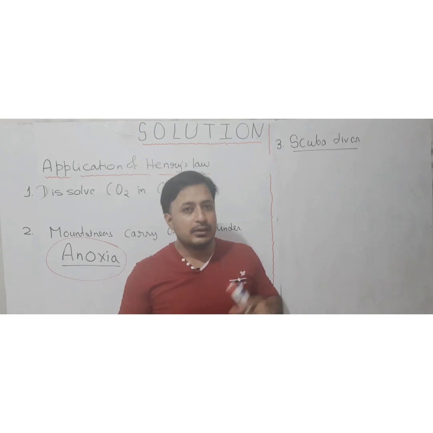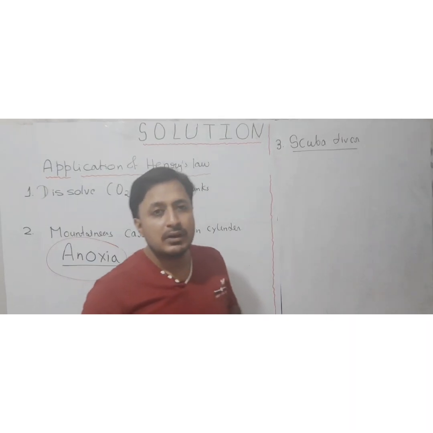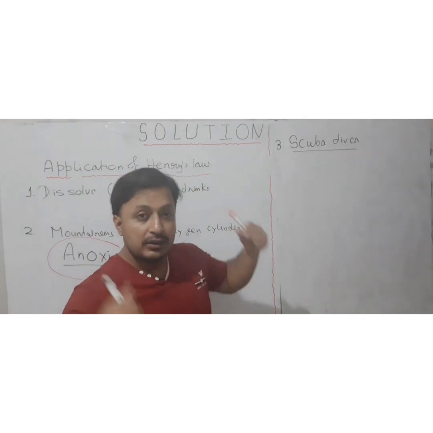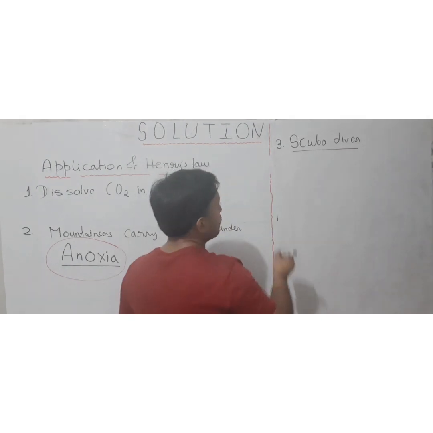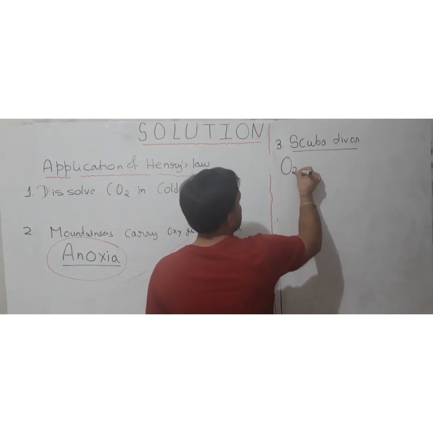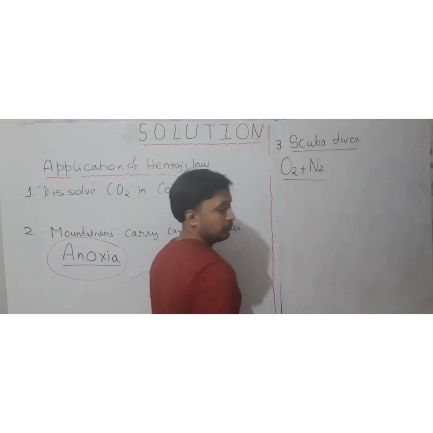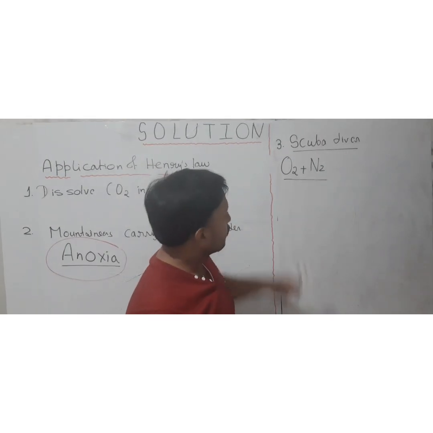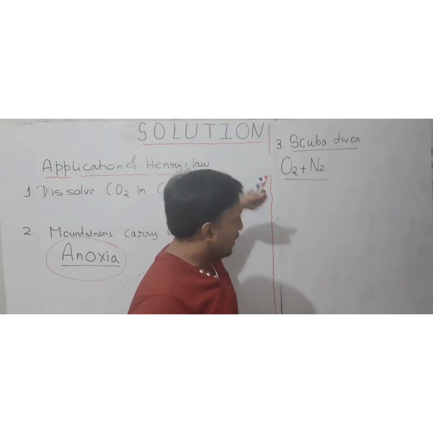That's why oxygen is not the only thing carried by the scuba diver; the oxygen present in the gas cylinder of the scuba diver will be in diluted form, and usually that oxygen is mixed with an inert gas that may be nitrogen. Okay, initially nitrogen was used. So those scuba divers used to carry that oxygen diluted with nitrogen under the sea.